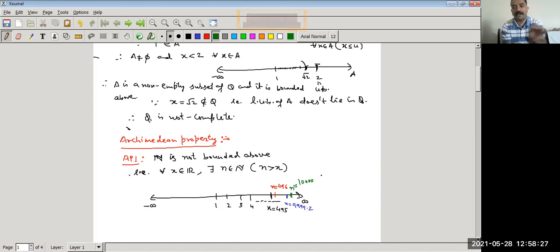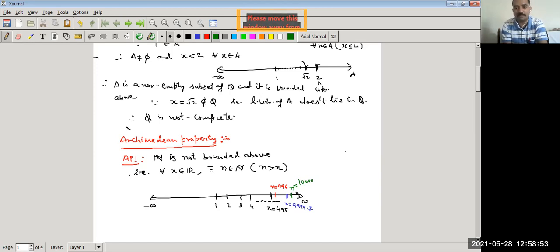So you can take any real number, and corresponding to that real number we can find a natural number which is greater than it. It means we are not able to find an upper bound of this set. If we are not able to find an upper bound, then the set is not bounded above. Therefore, the set of natural numbers is not bounded above.